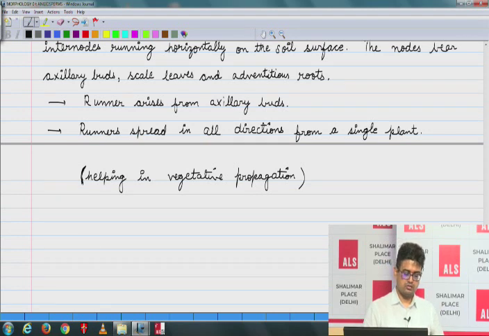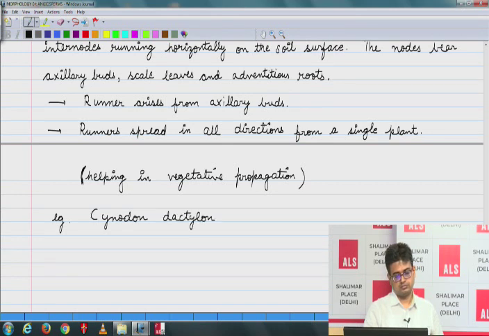Okay, so that it is there. Example: Cynodon dactylon, Agropyron. All these are grasses. Common lawn grass.